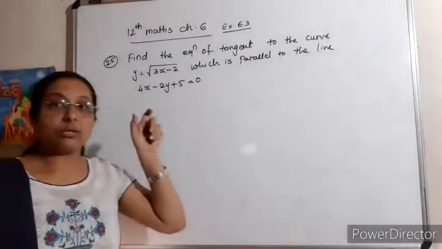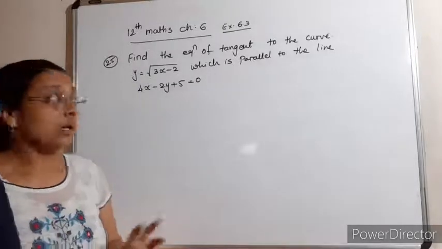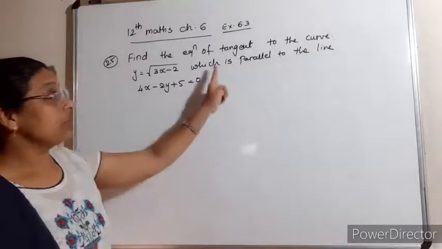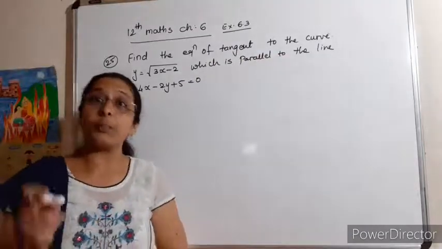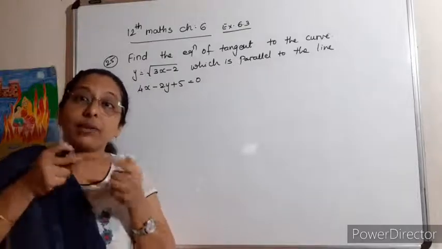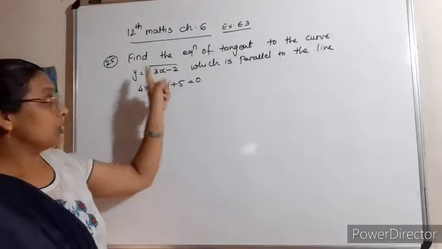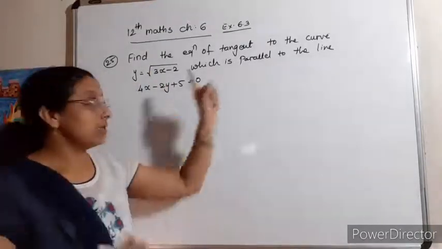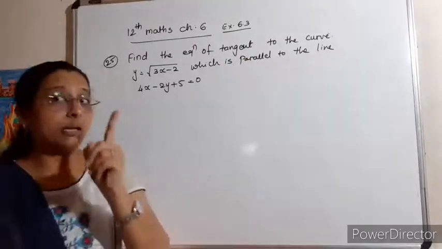So you have to find the equation of tangent by finding this dy by dx and so on. But at which point is not given. Therefore this condition is given, and using that condition you have to find the point at which you will find this tangent. Here the slope will be found, but the point is not given, and instead of the point there is this condition, using which you will find the point.